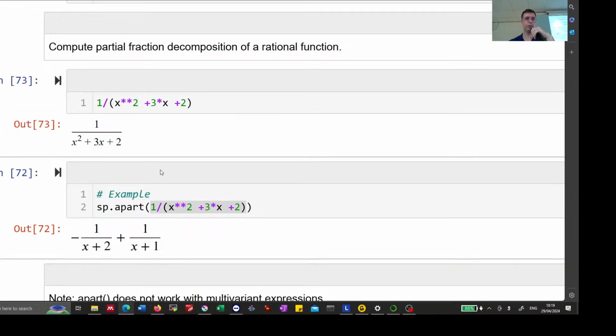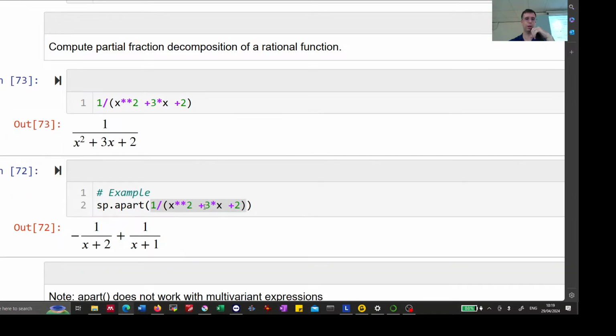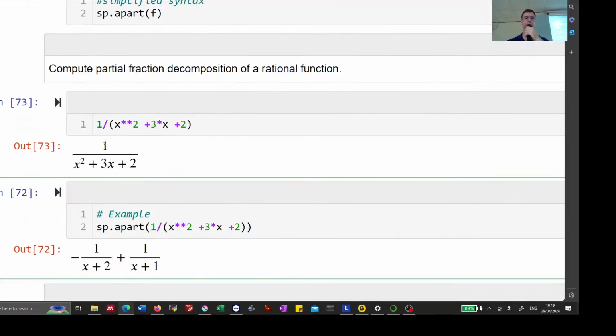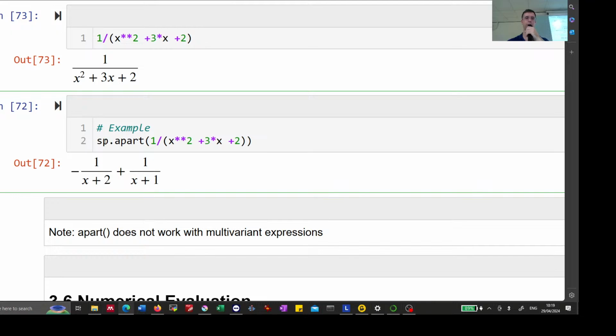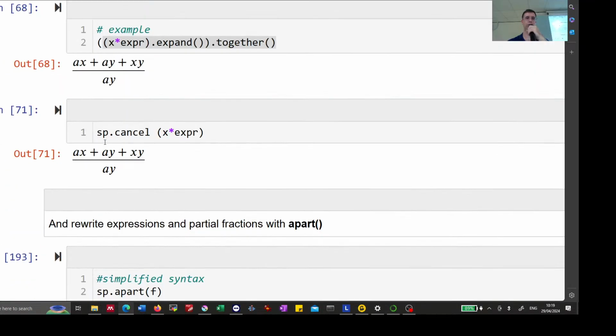Before we just have 1 over x squared plus 3x plus 2, which looks like this. But we basically can take terms apart that come in handy at some times. So I'm still a little bit stumped why apart did not work here.